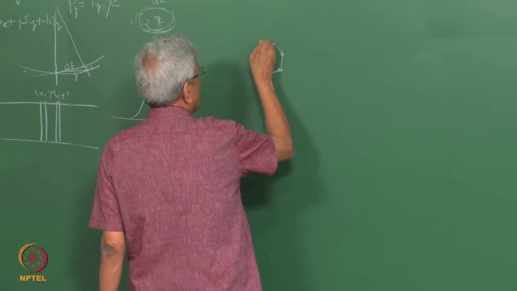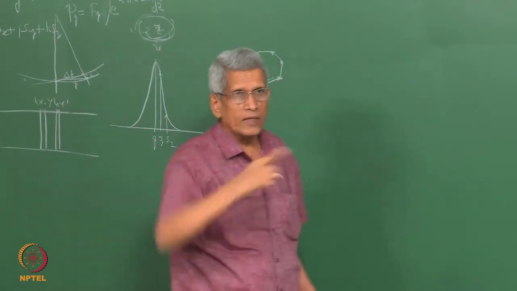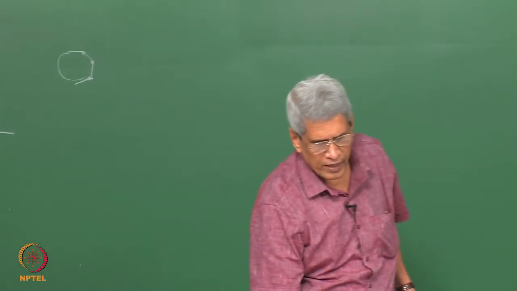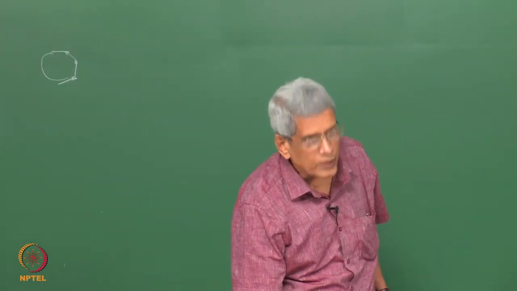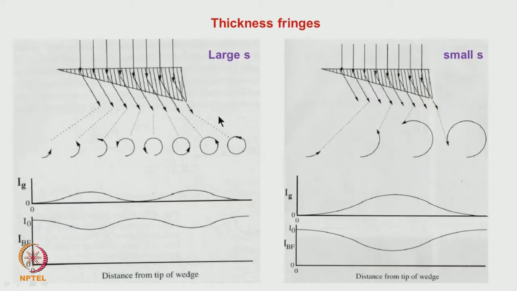For a few vectors, this can move around in a circle, but overall the amplitude is turning out to be very small compared to the original amplitude of the incident wave. So in this condition, okay, the kinematical theory is valid. What will be the consequence of it, we will see in two cases.